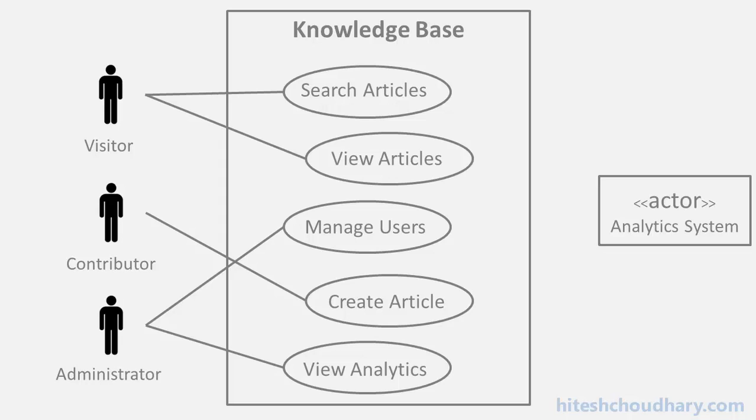You can use two less than signs or two greater than signs around the word actor, although officially it is French-style quotes, the guillemets, sometimes called angle quotes or chevrons. Here I'm going to connect these lines between the external system and the two use cases I plan to use with it. The view article use case, which would save some analytics data back to the external system, and the view analytics use case, which would allow the administrator to read the details.